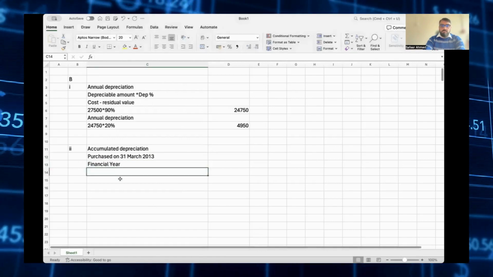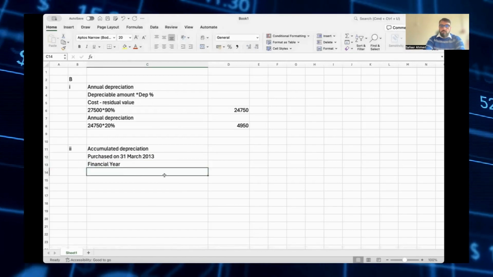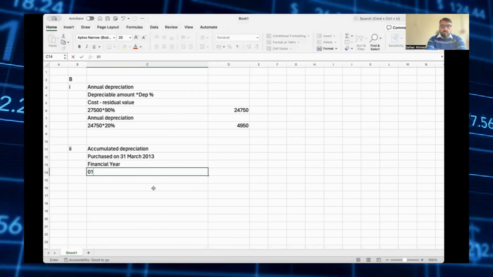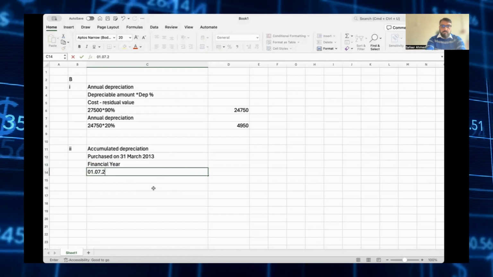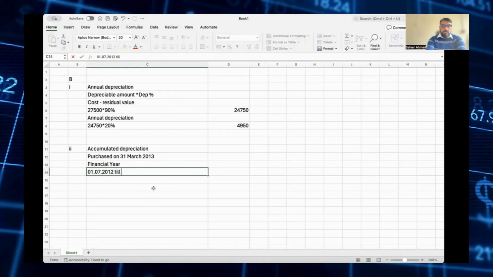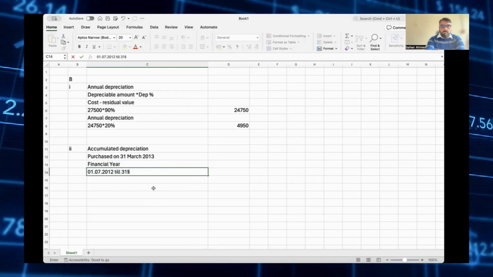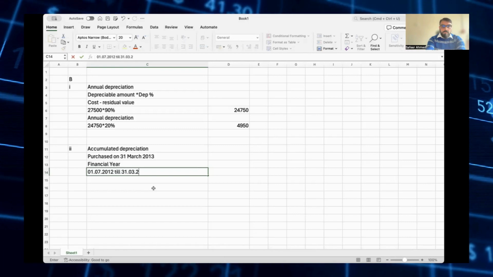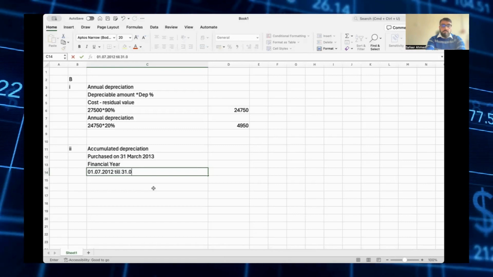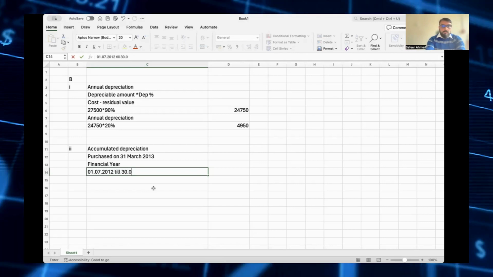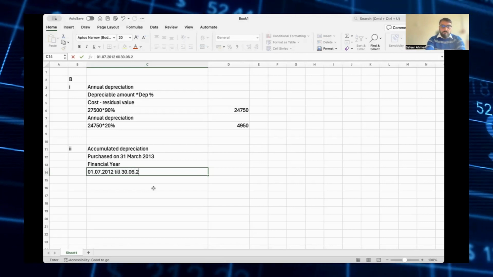So which means that the first year in relation to this van is going to be from 1st of July 2012 until 30th of June 2013, remember, 12 months.